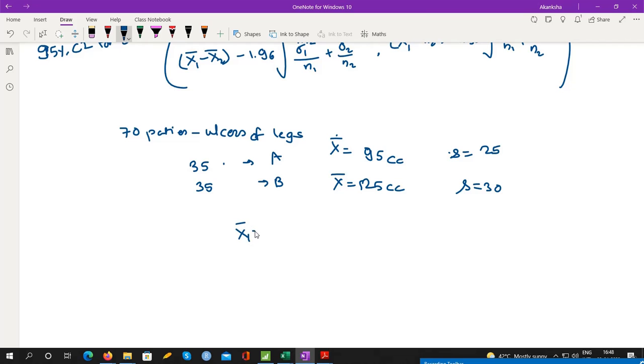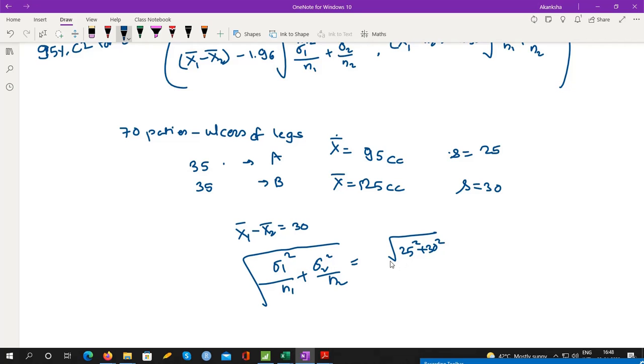So here x1 bar minus x2 bar will be 30. And sigma 1 square by n1 plus sigma 2 square by n2. Here n1 and n2 both are 35, so this becomes simply 25 square plus 30 square divided by 35.